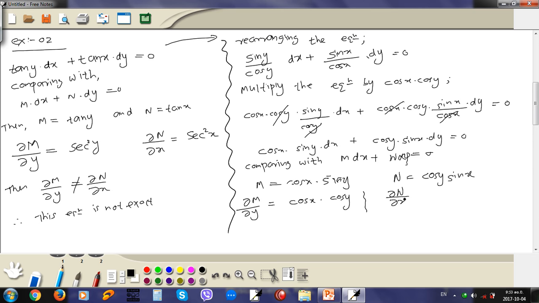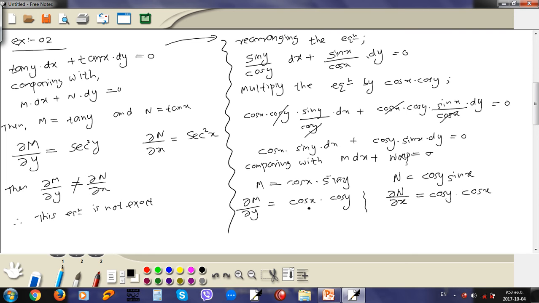Next we have to find ∂N/∂x, because we have to check our rule. If we differentiate with respect to x, y is constant, so cos y stays as it is, and the derivative of sin x is cos x, so we get cos y cos x.